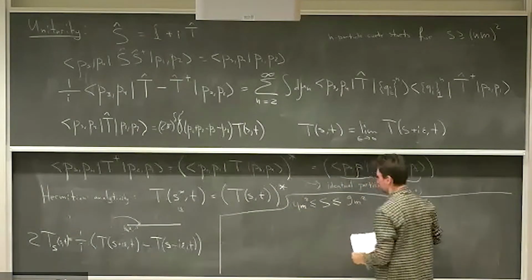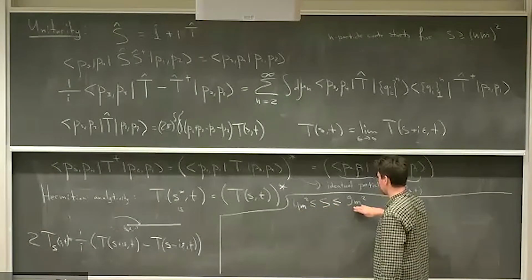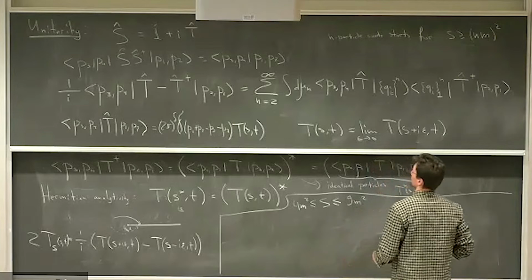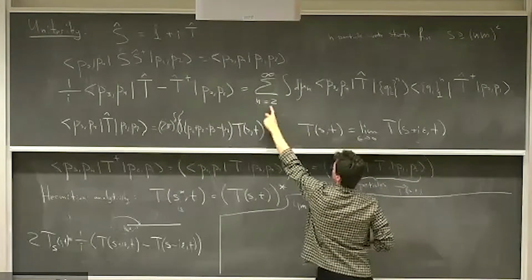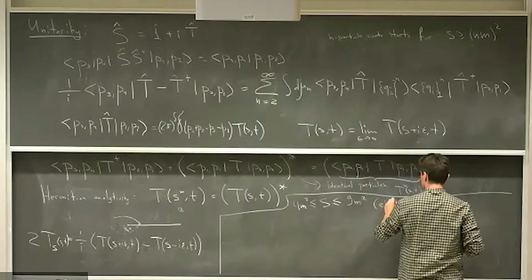This is the energy which is enough to produce two particles, but not enough to produce more particles. In this region the only term that contributes is n equals 2, and this is known as elastic unitarity.